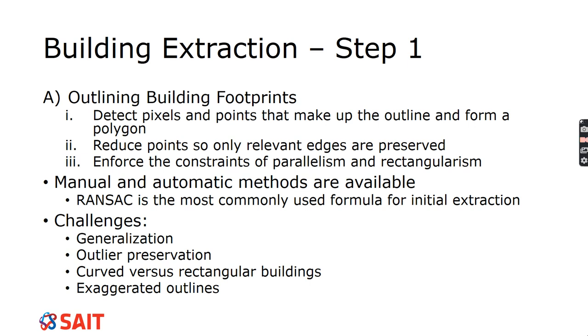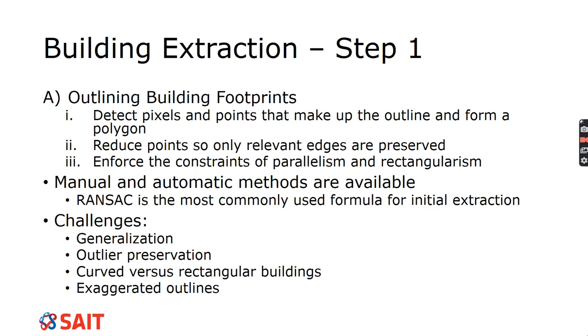Then we have a fantastic way to identify our buildings and to draw them out. One constraint is known as parallelism, and the other one is known as rectangularism. Both of these identify our buildings. Parallelism means anything that's across from each other is straight lines.